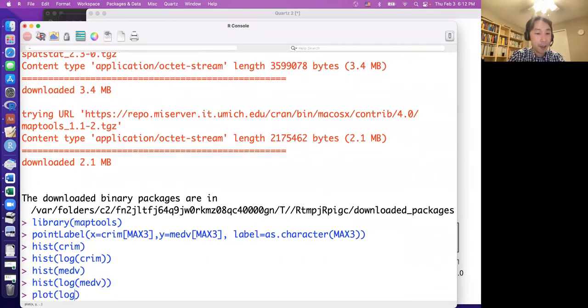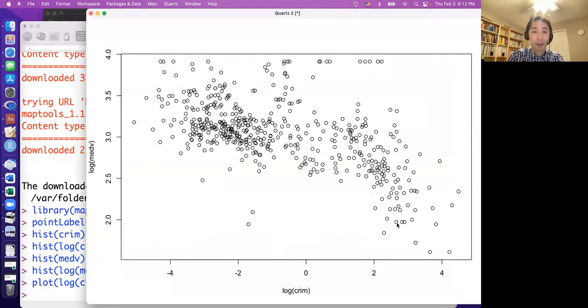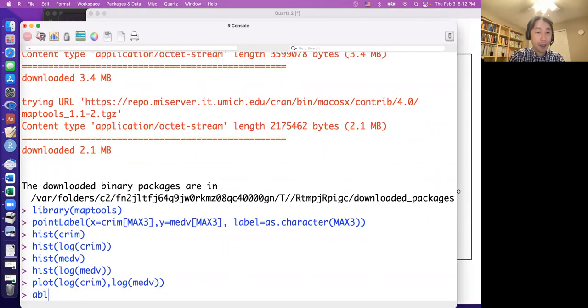So realistically, if we do practical data analysis, probably we have to take the log scale for both. Then we can see more regular data, and we have some tendency, a negative slope. So maybe abline.